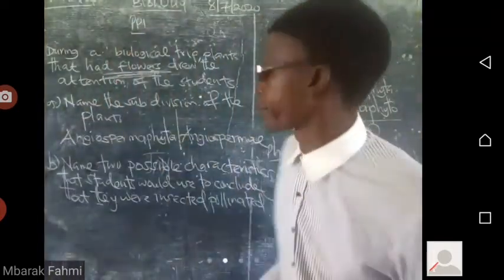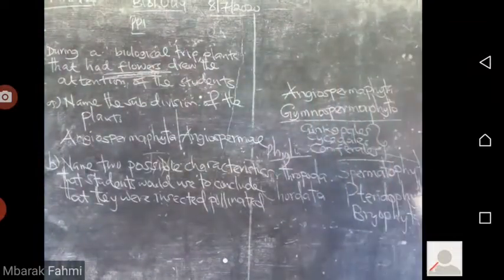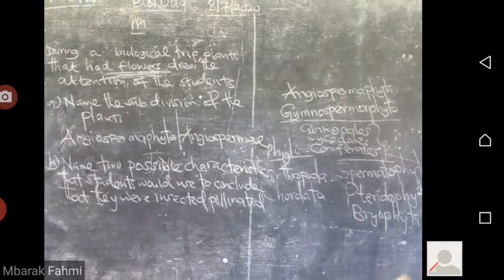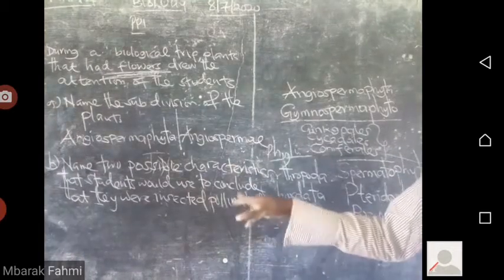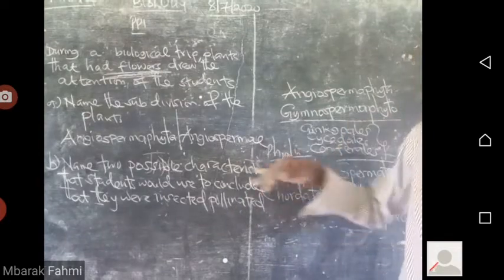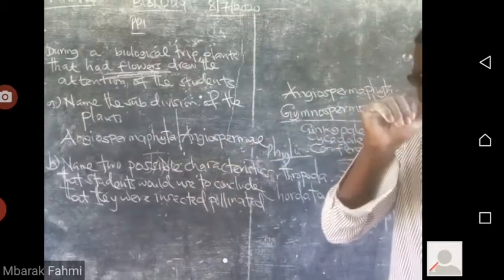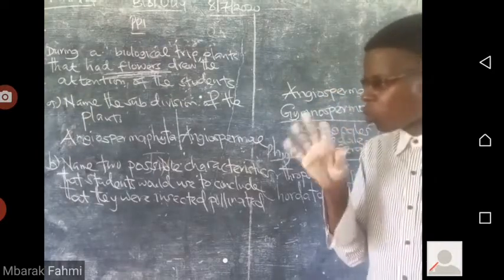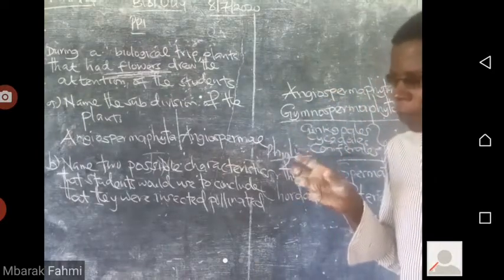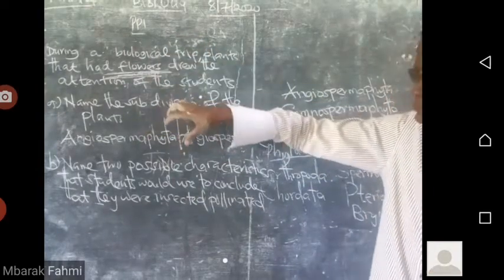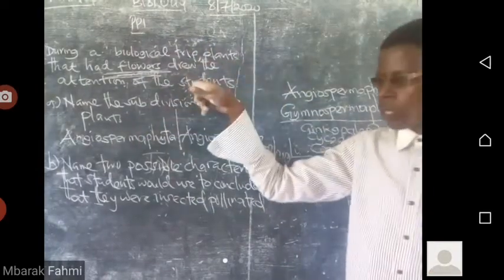That is the question. So this is a question under Bloom's taxonomy. Under Bloom's taxonomy, this is a question of application, because a student must have known what we mean by insect pollinated. So remember, it's a question typing on classification.